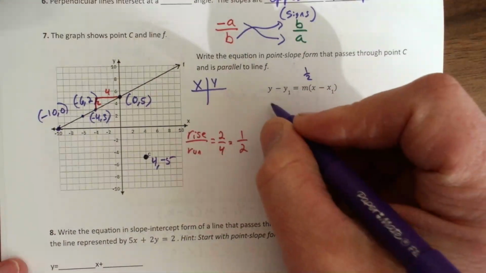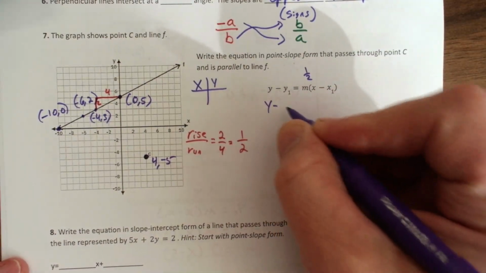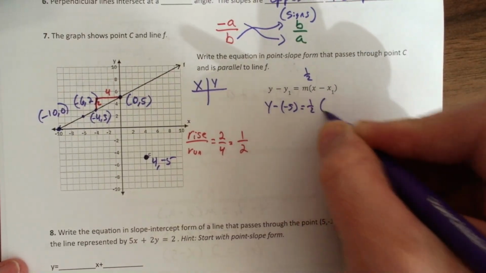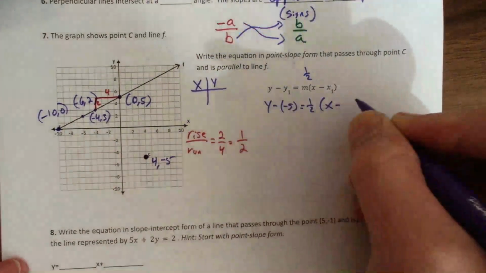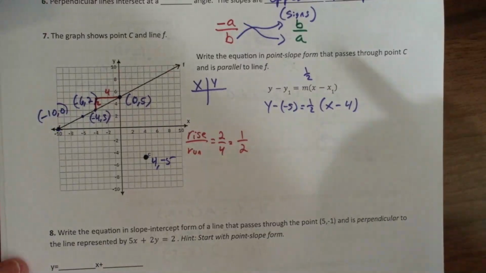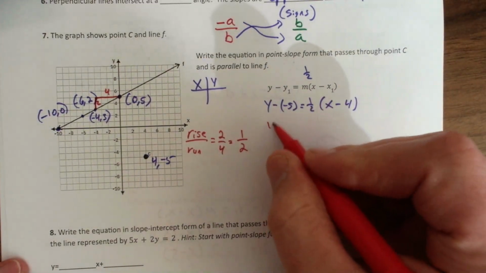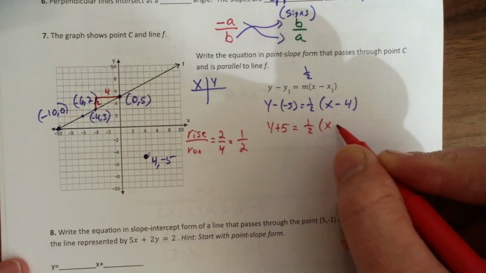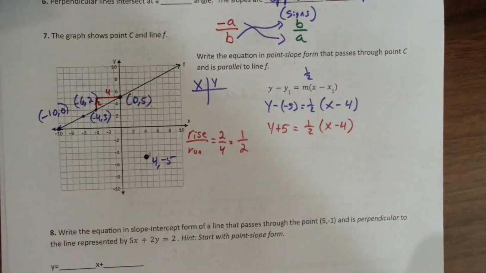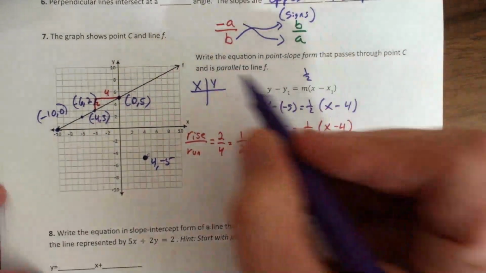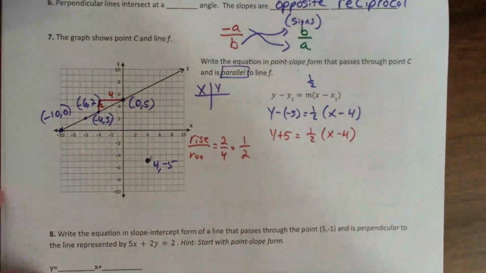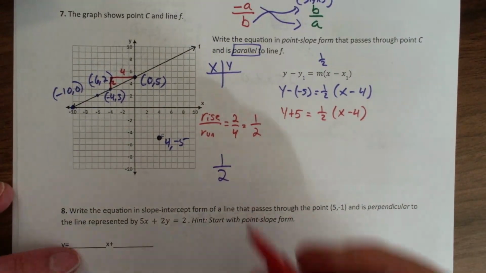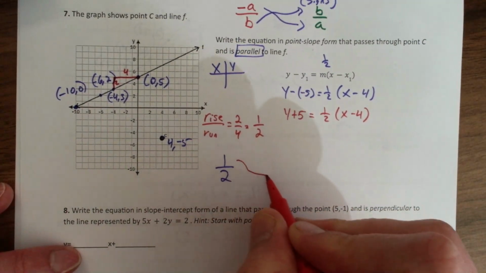Okay, so now let's plug it in. y minus negative 5 equals 1/2 (x minus 4). Let's simplify this. This becomes y plus 5 equals 1/2 (x minus 4). If it was asking for perpendicular, remember perpendicular is opposite reciprocal.